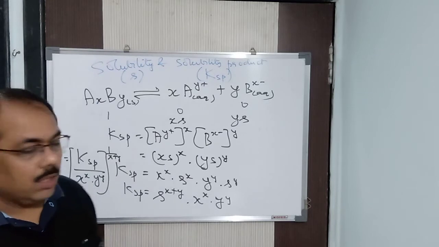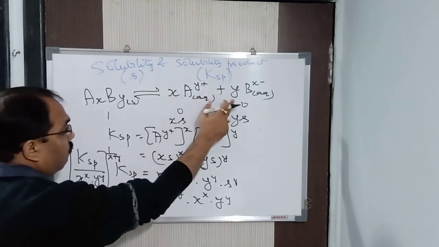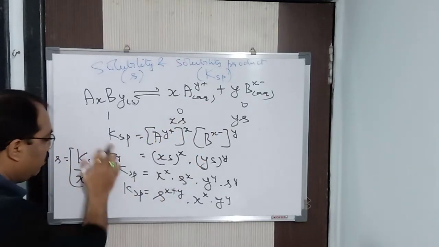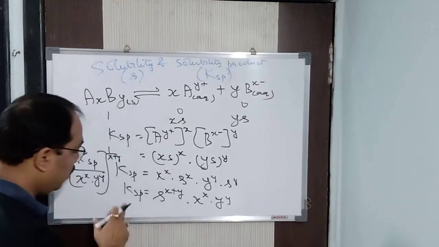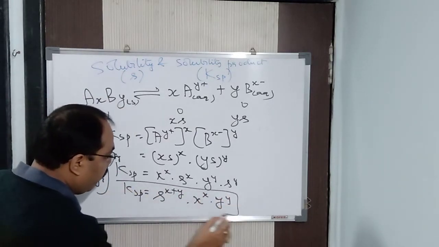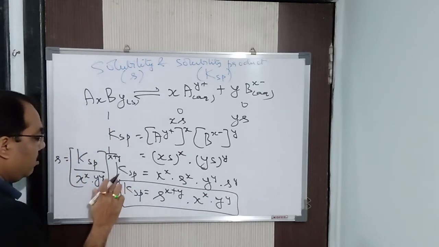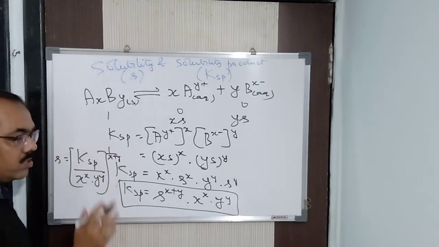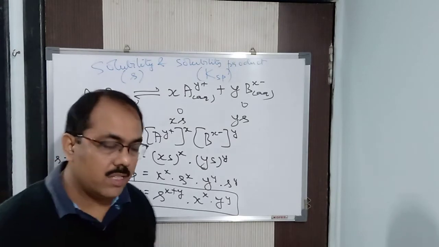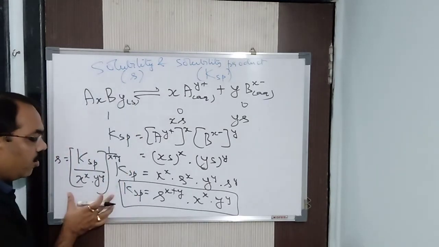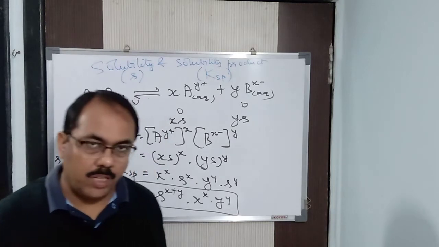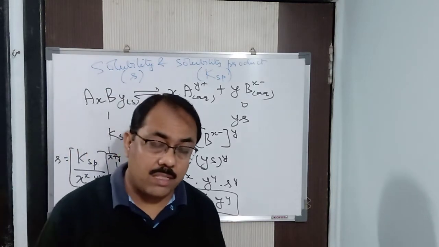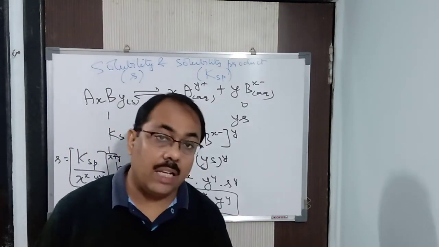If you know the values of x, y and S, then you can put in this formula and find KSP. If you want to find solubility, you can use this formula to calculate solubility. Whatever is asked, you can calculate. This is a formula for any kind of salt, in general. For any salt, we can calculate the solubility product as well as the solubility.